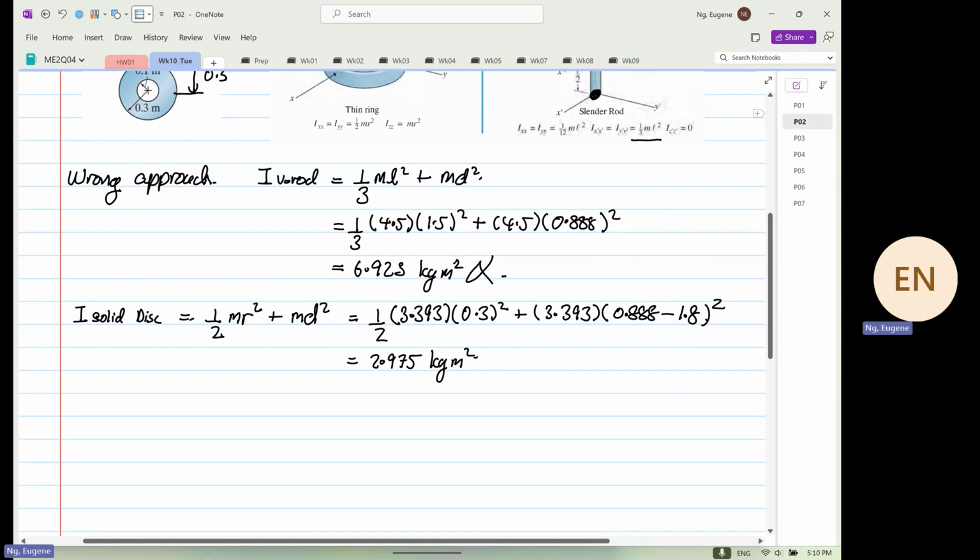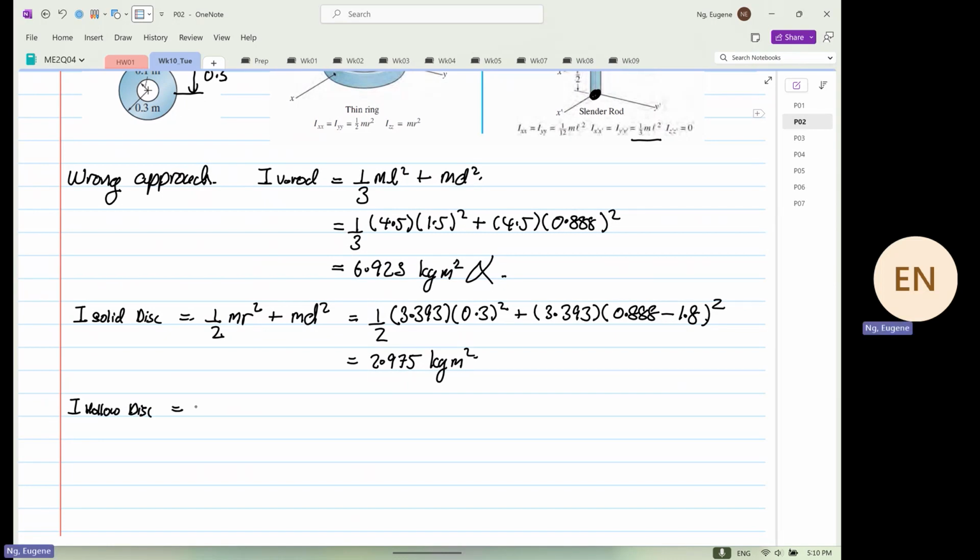And then finally, you have your I for your hollow disk. Again, it is the same. So this is half. The mass is 0.377.